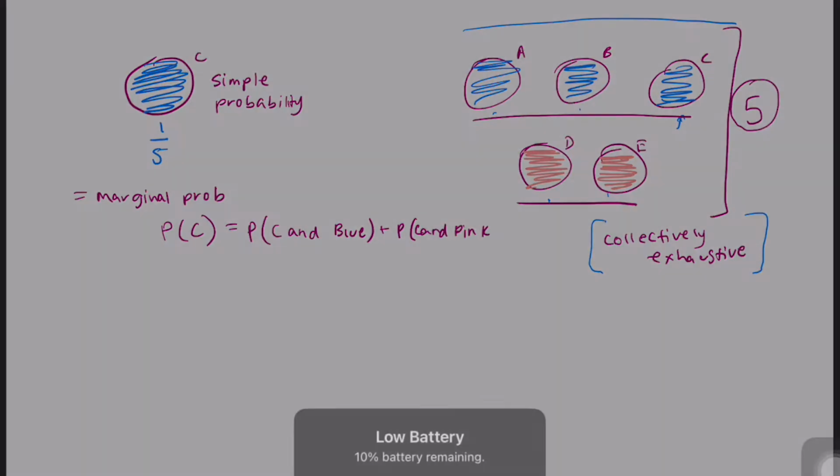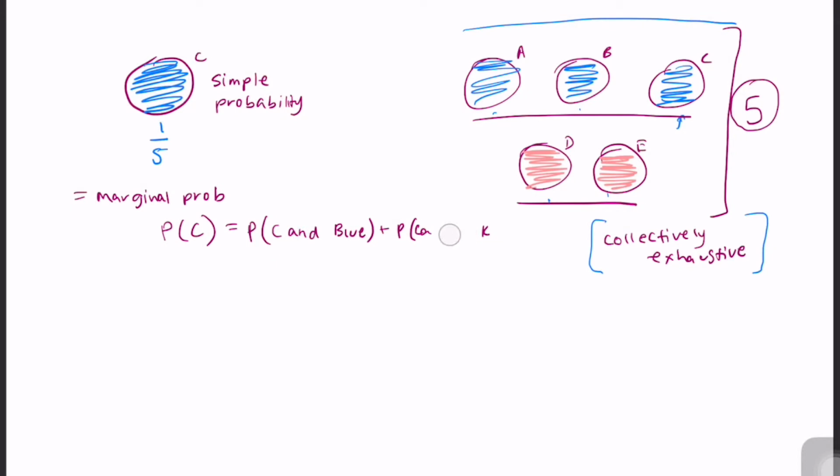Let me go ahead and fix that. C and pink. Now, because the blue and the pink make up our entire sample space, they are mutually exclusive and collectively exhaustive, which make it correct for our marginal probability.